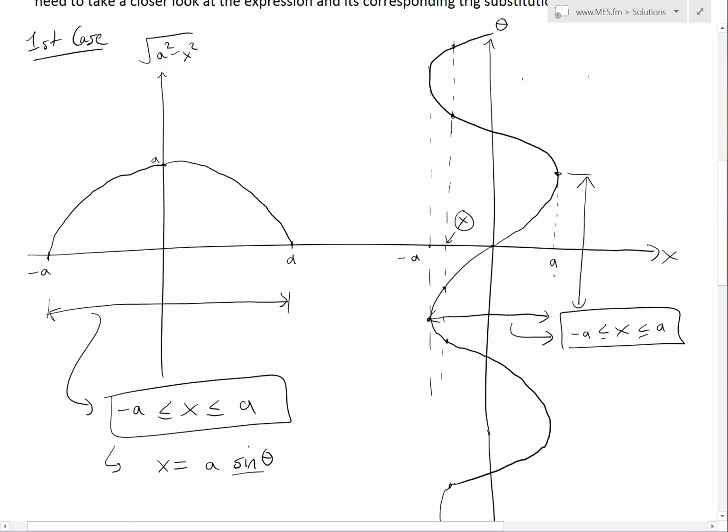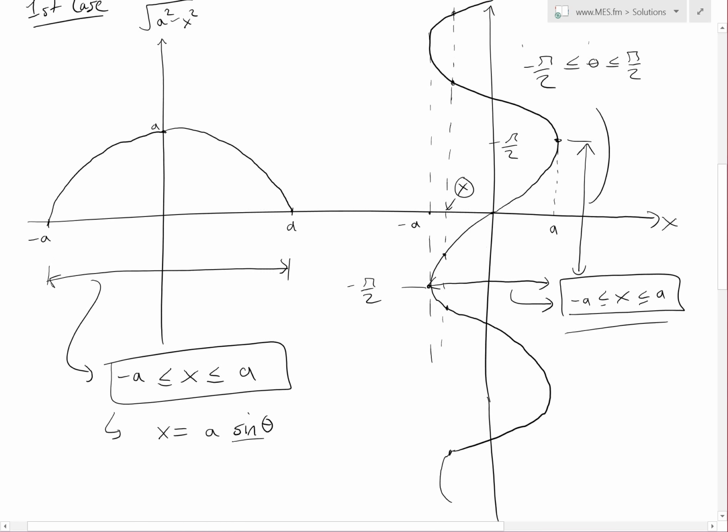So restricting these, we still get our full x domain, and now we get this point right here. This is just a sine curve, so the high point is pi over 2 and right here is negative pi over 2. So theta is less than or equal to pi over 2 and greater than or equal to negative pi over 2.